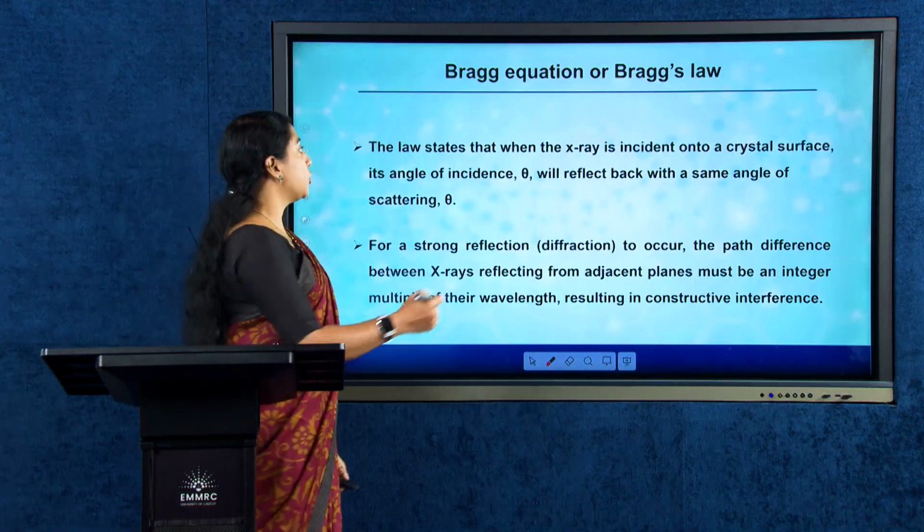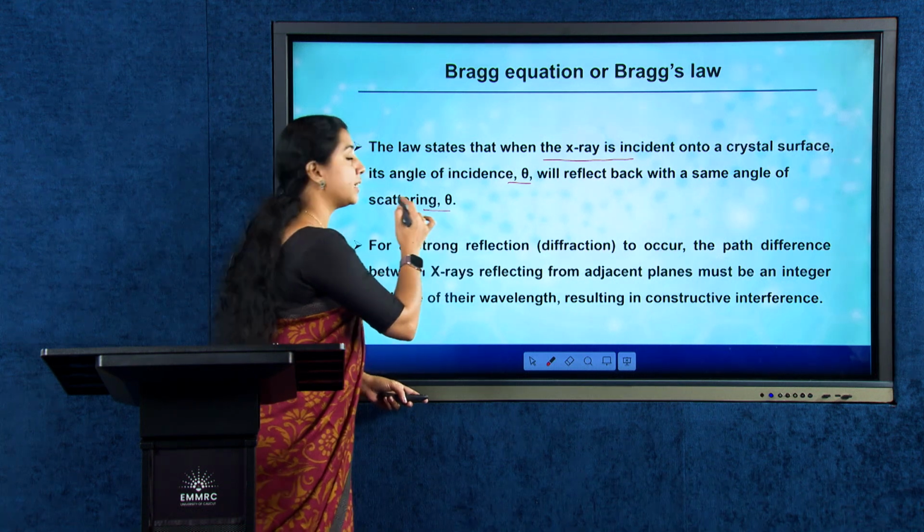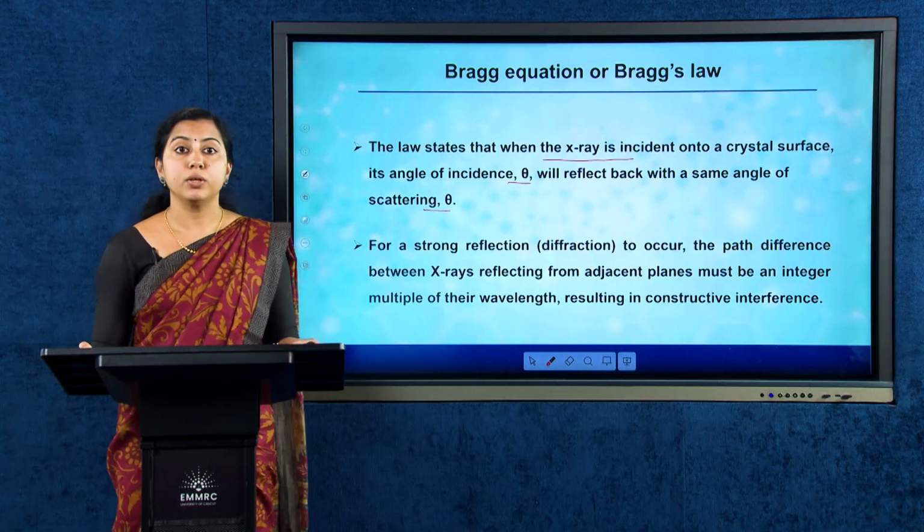And what is Bragg's law? It states that when an X-ray is incident onto a crystal surface at an angle of incidence theta, it will reflect back with the same angle of scattering theta. So, the angle of incidence is theta, and the angle of scattering is also theta.